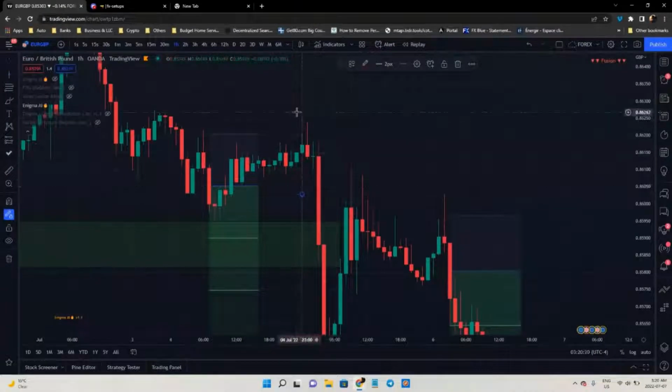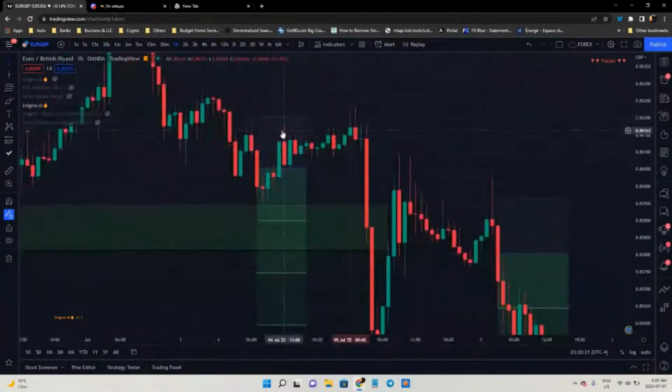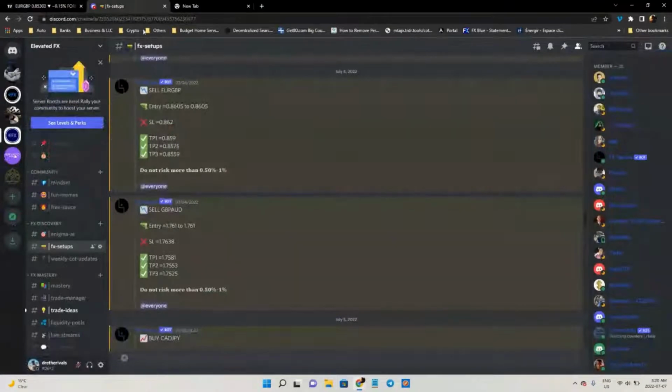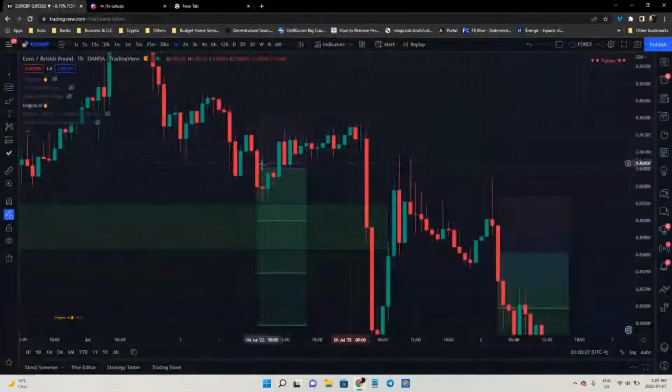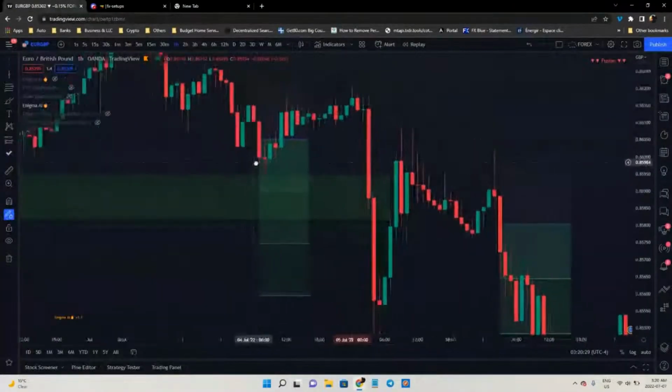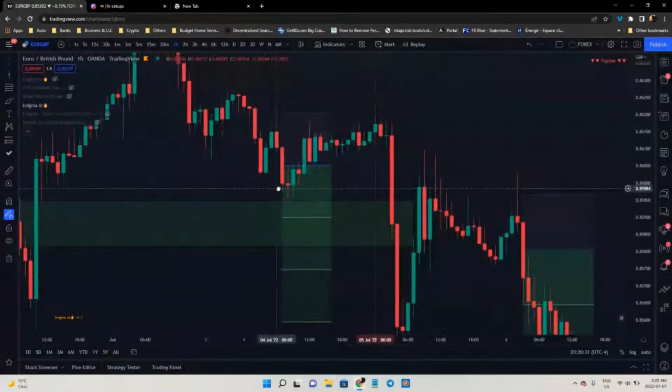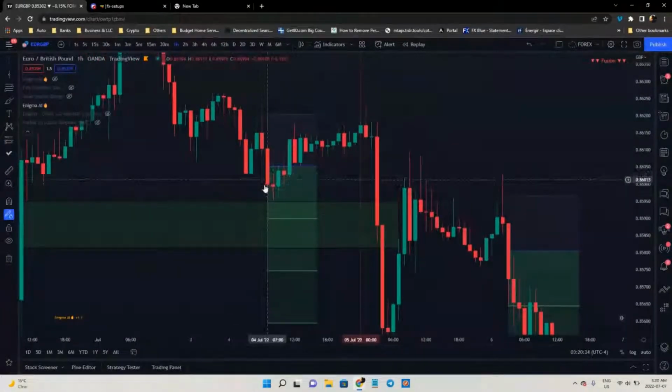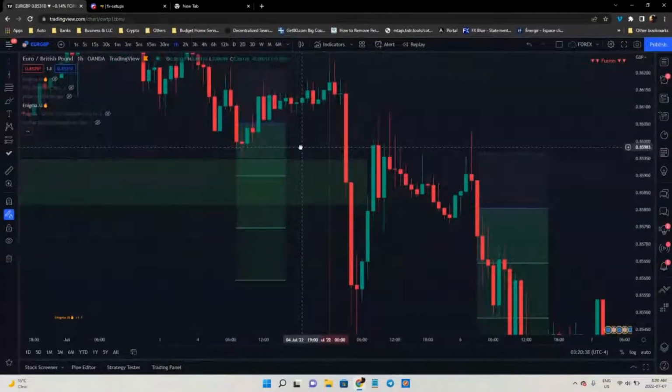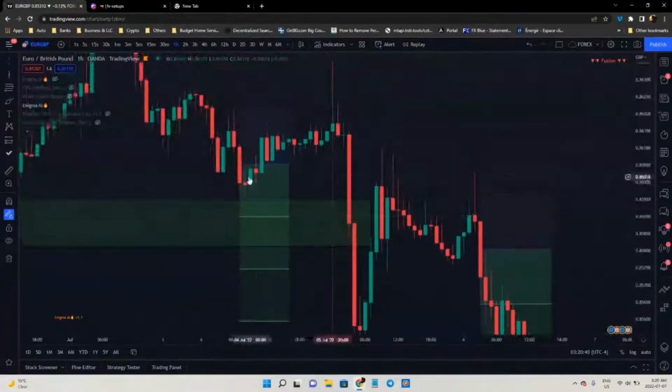Just going to make sure. Is it on the 5th here? No, it was still on the 4th. So 4th, same thing. I only started to trade on the 5th, and as you can see, this trade went nowhere.